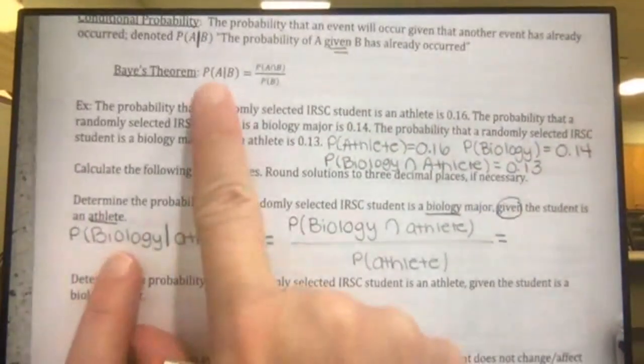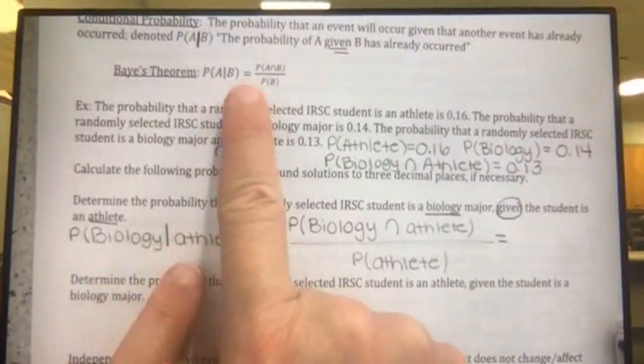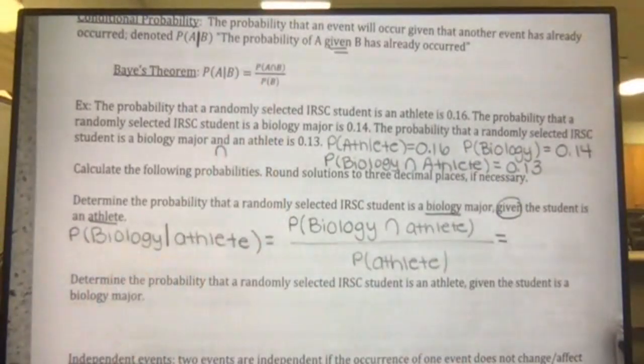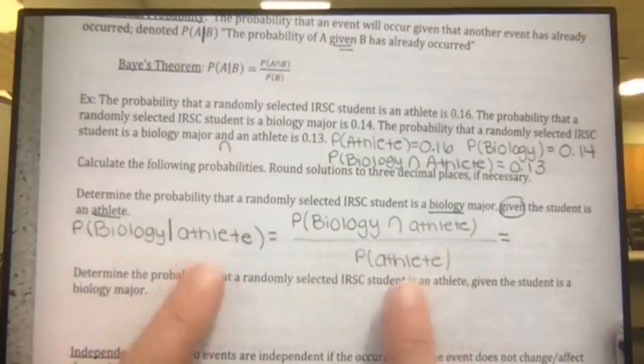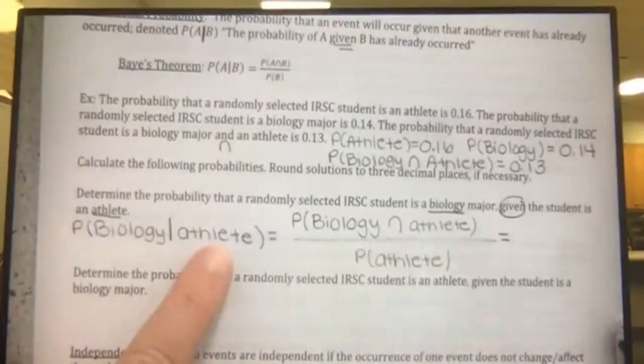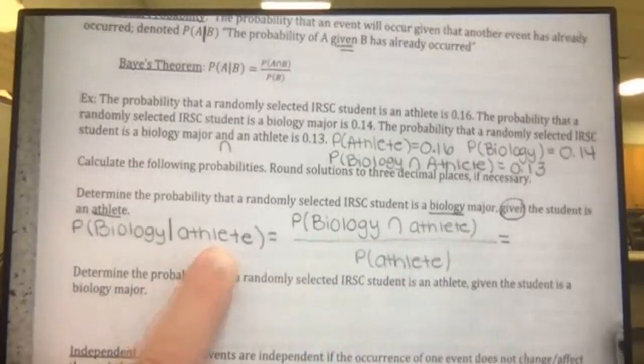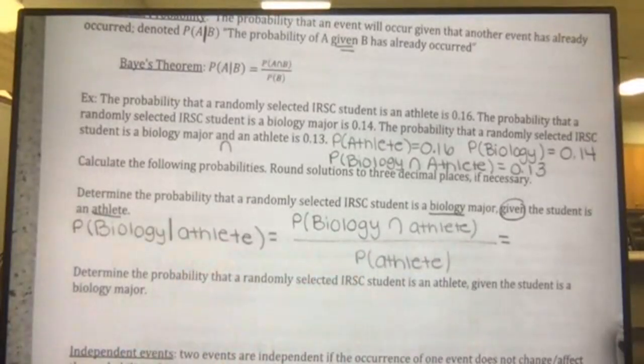In this case, our A is biology, and our B is athlete. My point here is the order really matters. So the first thing is probability of biology and athlete, all over the probability of athlete. Remember how athlete is kind of like in the denominator, and then athlete is in the denominator here.